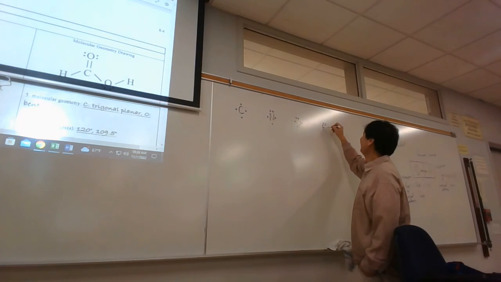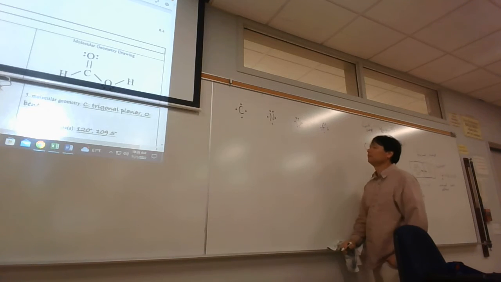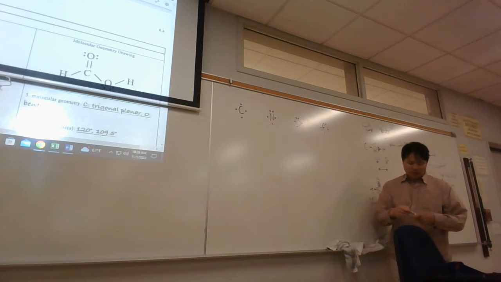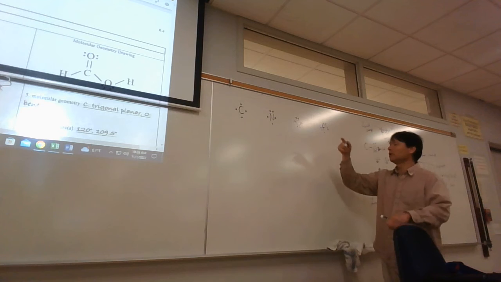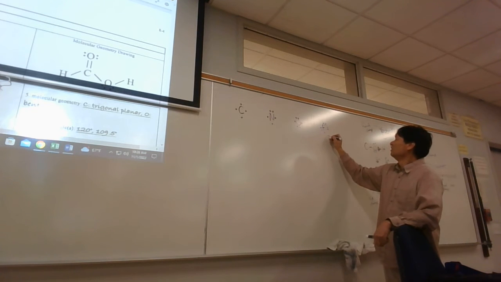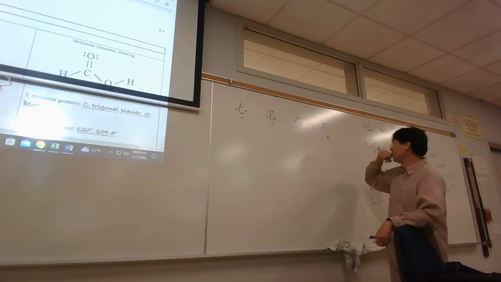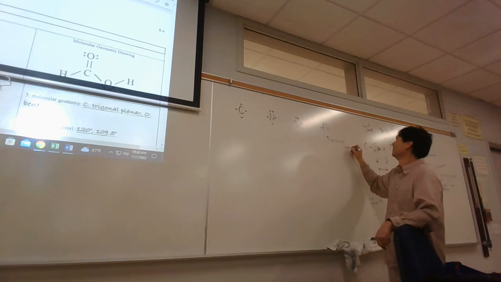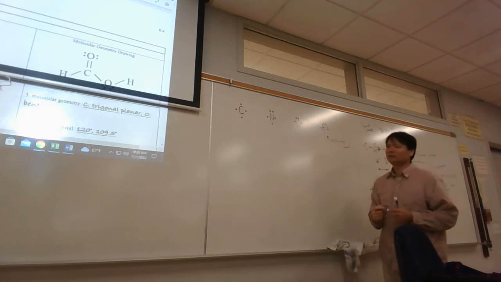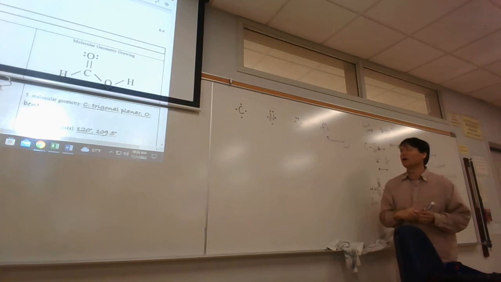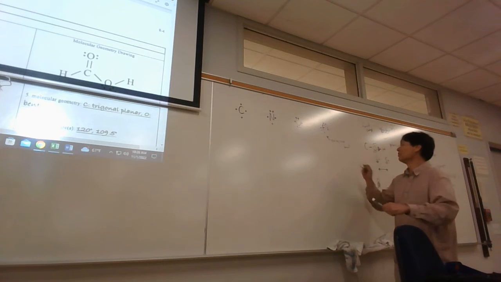Fluorine never forms more than 1 bond. And so that's the rule that didn't get placed here. Fluorine, only 1 bond. Chlorine, it can form more than 1 bond. And so only 1 bond for fluorine.